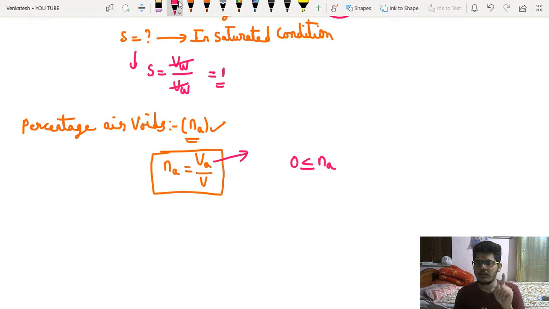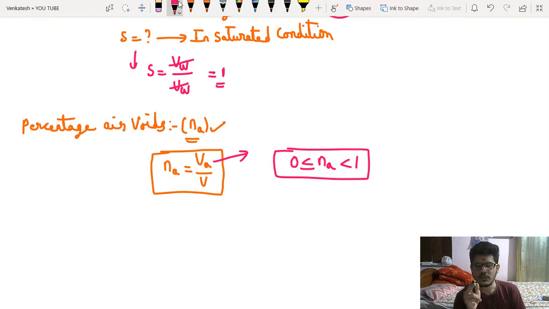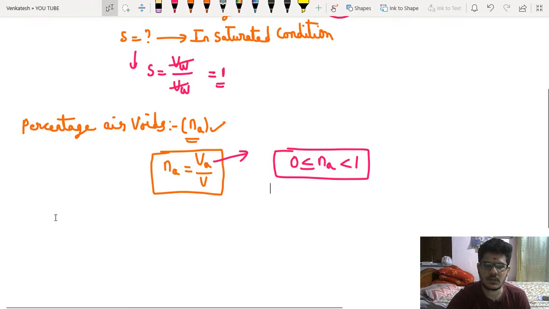Will the numerator be equal to the denominator? In any case it will not be possible. When you take a dry condition or a saturated condition, the numerator will never be equal to the denominator. That is why it is less than 1. So percentage air voids lies in the range of 0 to 1, including 0. So this is about percentage air voids.